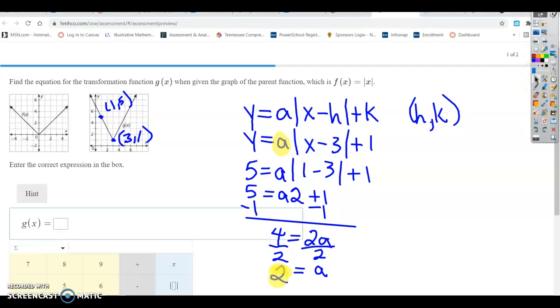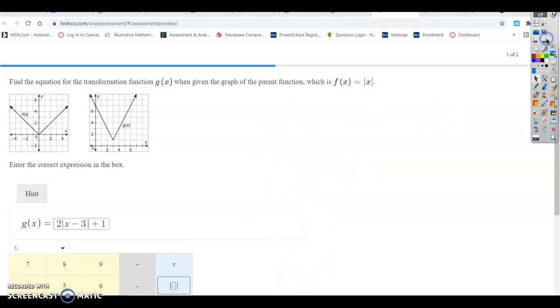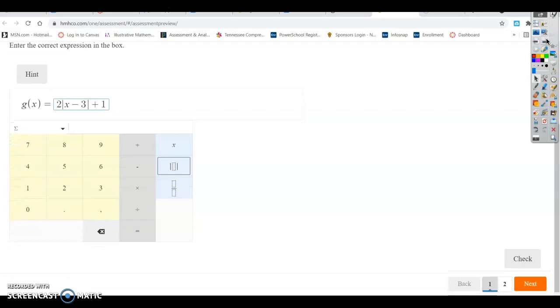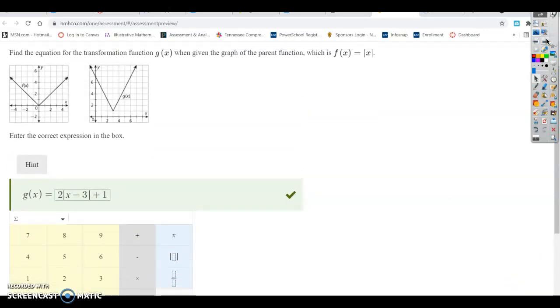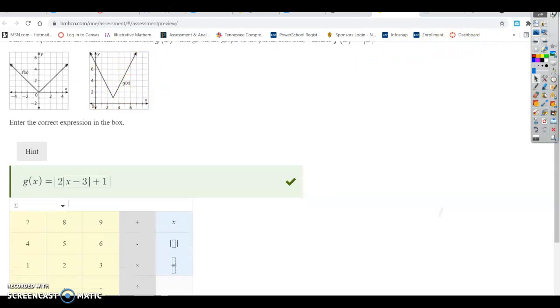So we're going to have 2 times the absolute value of x minus 3, with the 2 outside the absolute value, and plus 1. Okay, let's see if that works. And it does. So that's our equation for the transformation g of x.